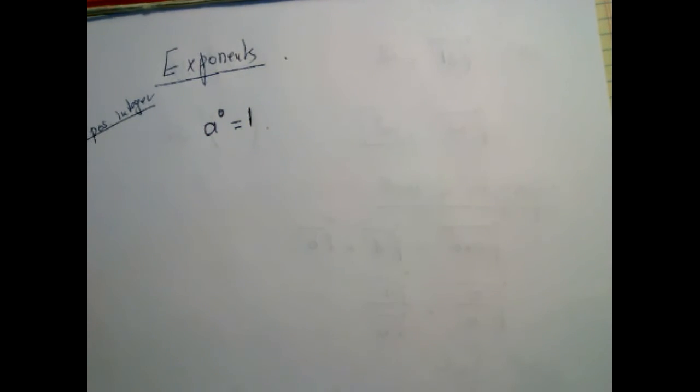Now exponent. First, suppose n is a positive integer, so it means 1, 2, 3 for now. First, a to the power 0 is 1. Anything to the power 0 is 1.